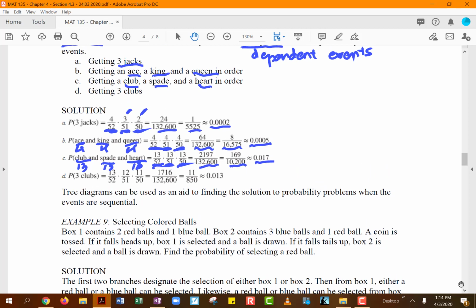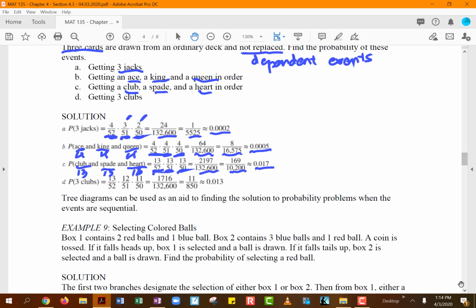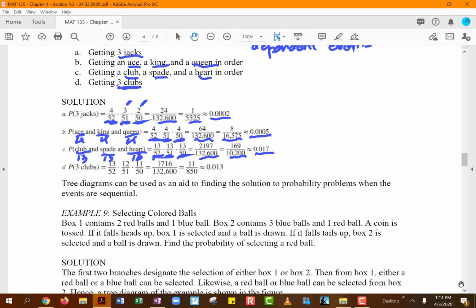Now here, for part D, we are talking about taking 3 cards that belong to the suit of clubs, right? So if you're talking about 3 clubs, of course we start out with 13 total, with 52 in our deck. But since these will all be clubs, your numerator and denominator will both go down. So we took 1 club card out, so that left us with 12 out of 51 for the second one.